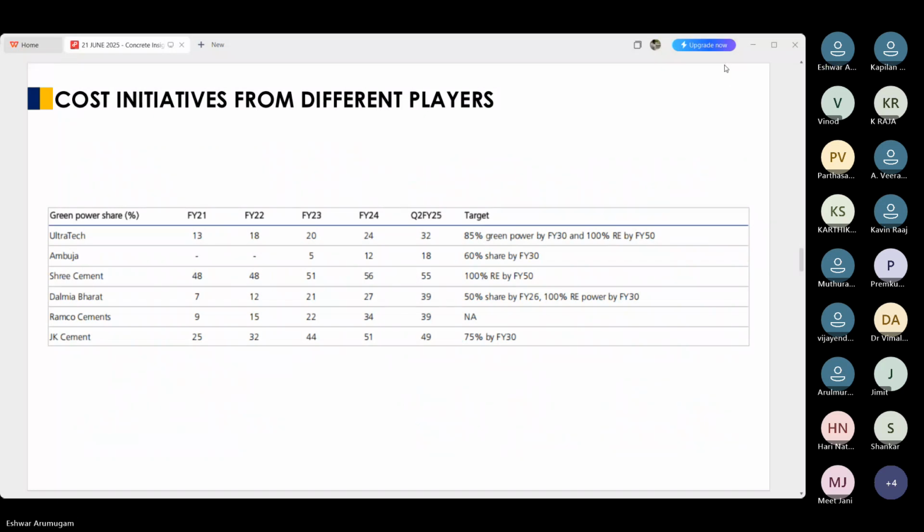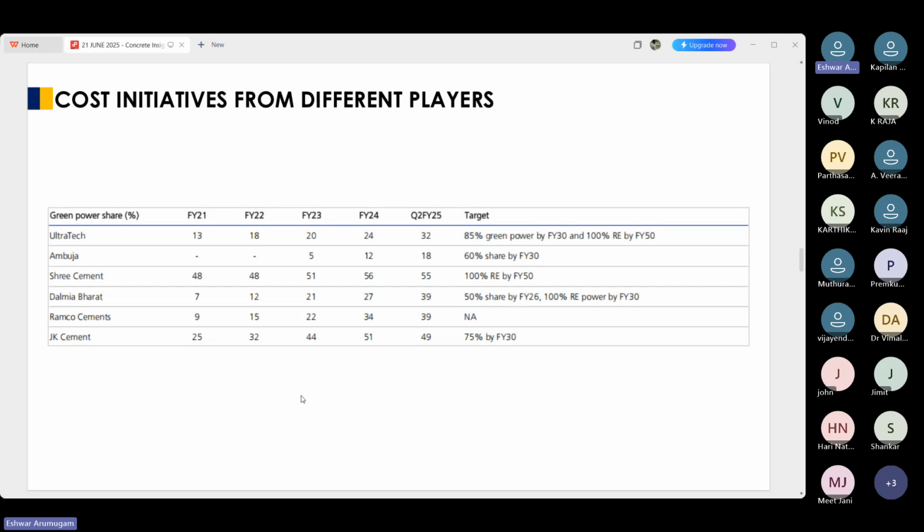So if we look at the green power share of the top six companies, the industry has gradually started focusing more on improving its green share.